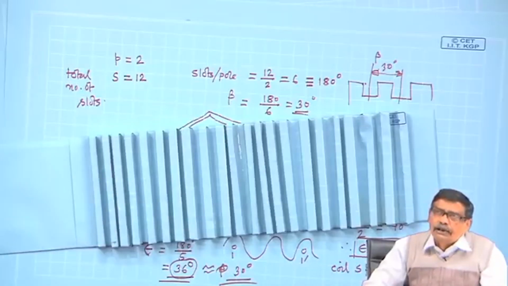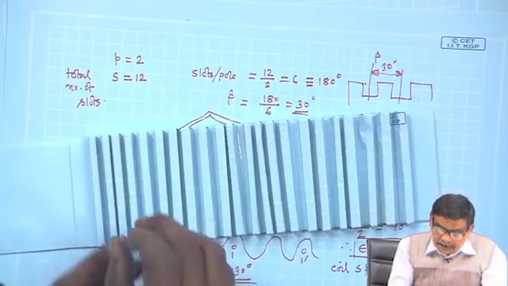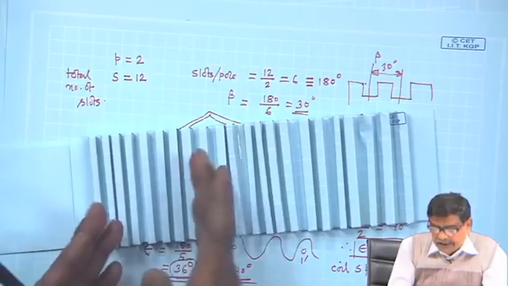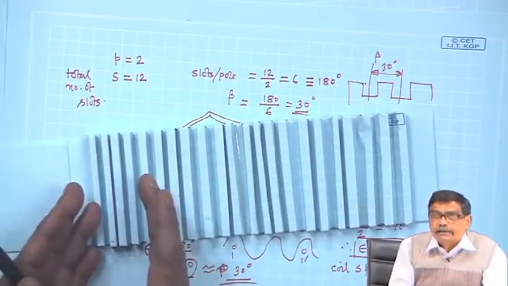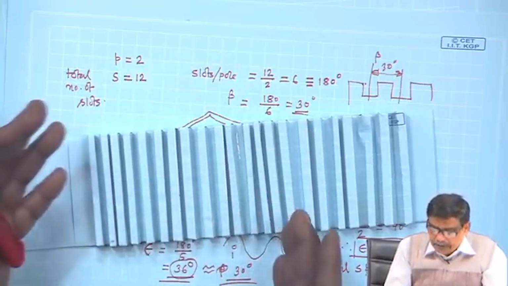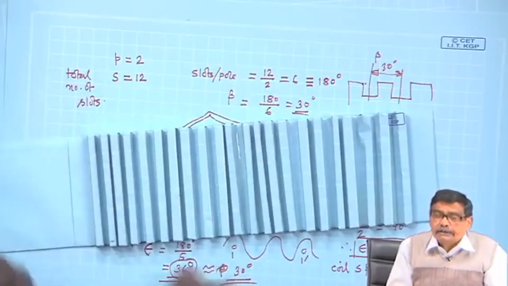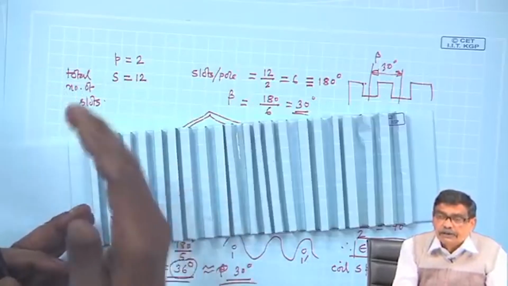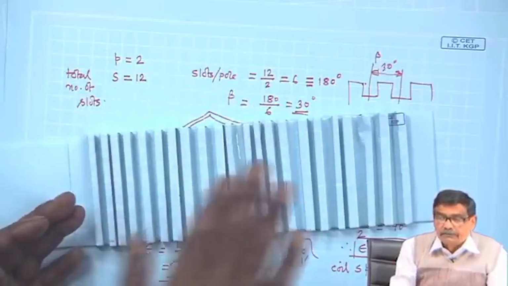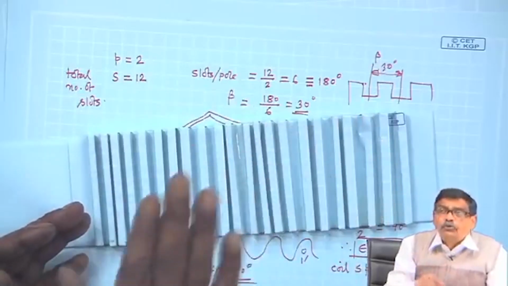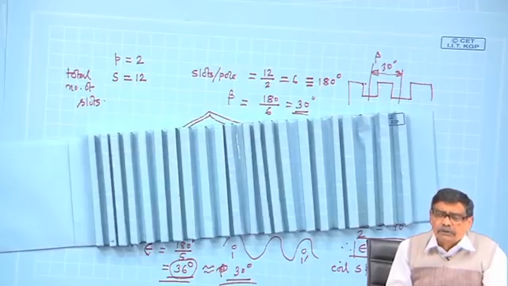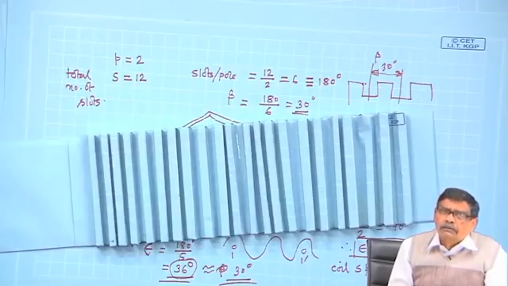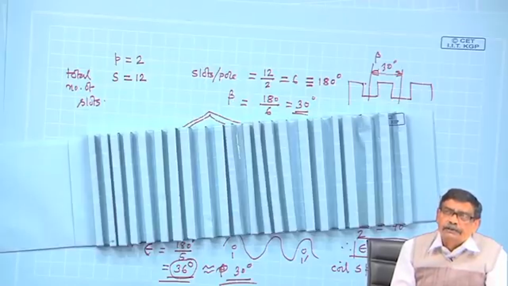But we have shown that if many coils are displaced in space and connected in series, instead of keeping all the coils concentrated, the MMF distribution can be made a stepped one, more towards a sine wave. So the effect of harmonics will still be present, but considerably reduced. That is one thing.